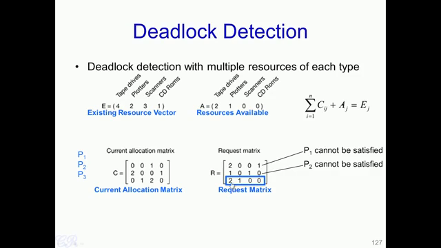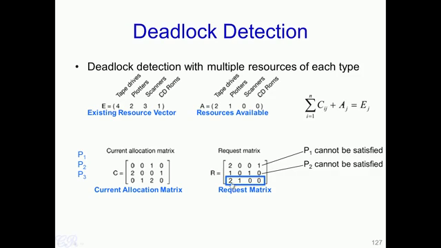The single plotter can also be met, and there are no scanners and no CD-ROMs required, and therefore all the requests can be allocated to process P3. Therefore, P3 can be satisfied, and we do not have a deadlock over here. So, in this way, deadlocks can be detected by the operating system based on the current allocation matrix and the request matrix.